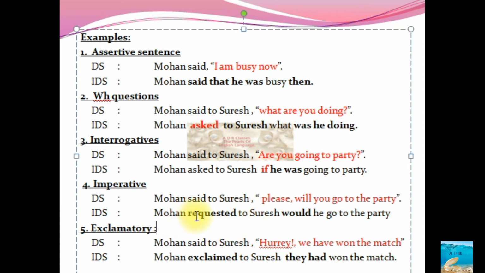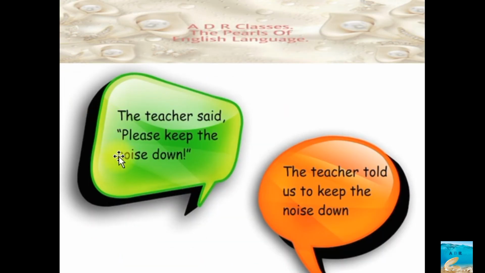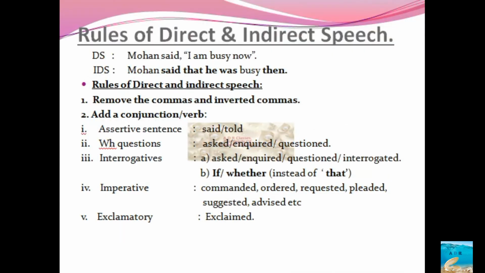However, in the earlier example, I had told you that the teacher is telling the student, so we are not supposed to use requested, we use the teacher told, because the position of the teacher is much bigger than that of the student. The teacher is elder to the students, isn't it? So the student also should maintain a certain amount of behavior there.